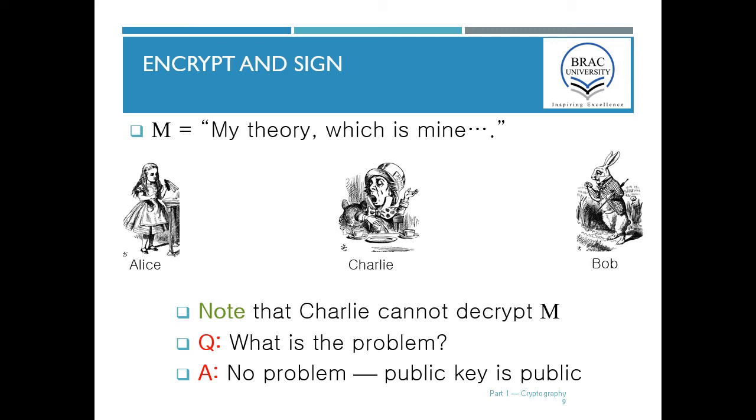So he sets himself up as a man in the middle and tries to intercept the messages between Alice and Bob. Charlie knows that Alice is working on some theory and will send some important encrypted message to Bob. That's why he tries to get those messages.